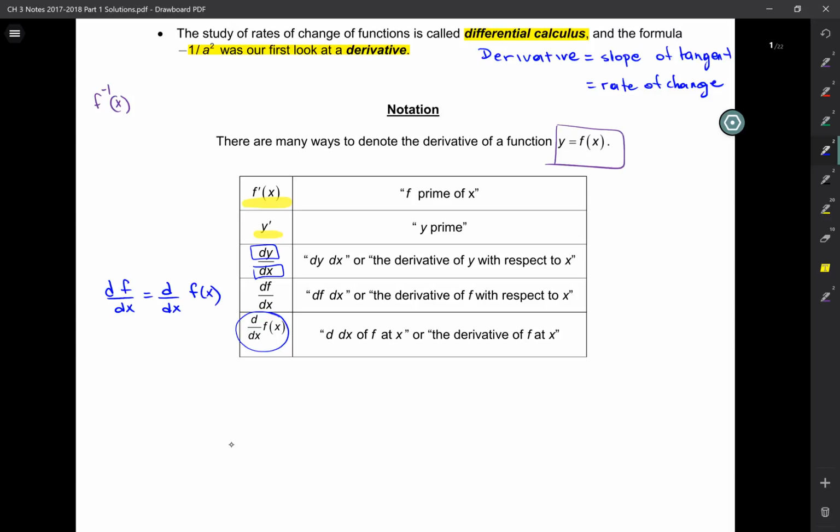So that's how you say it: d/dx of f of x, or the derivative of f at x. All of this means the slope of the tangent line at x. The derivative of f at x is the slope of the tangent line of f at x. That's what we said over there.